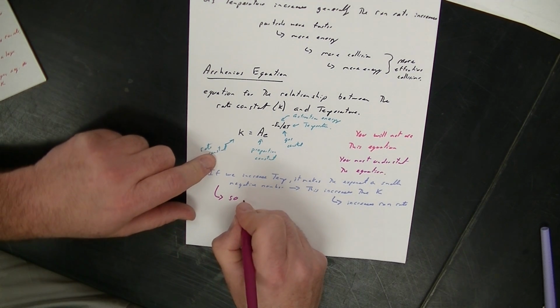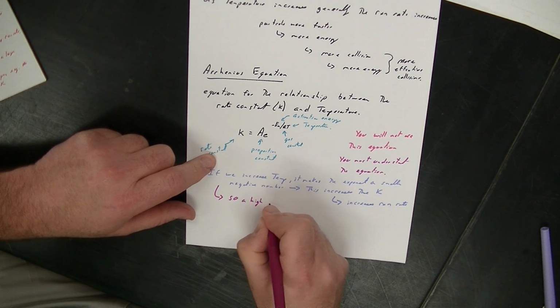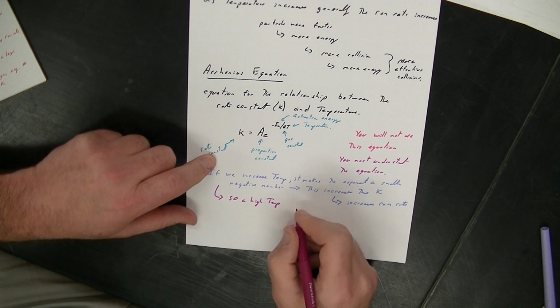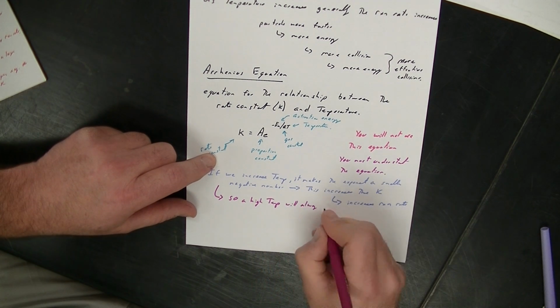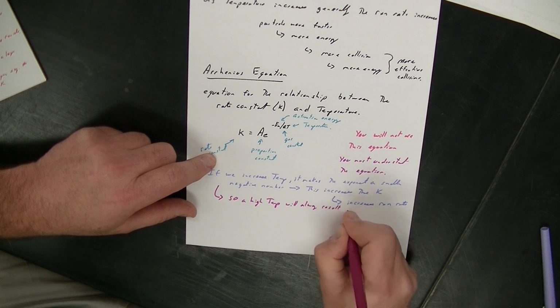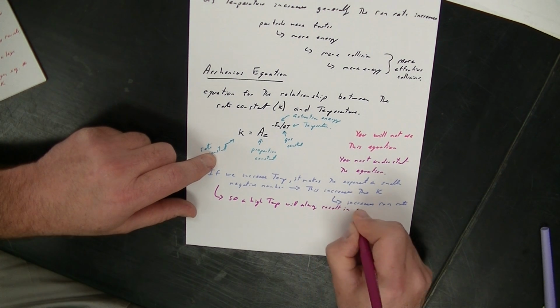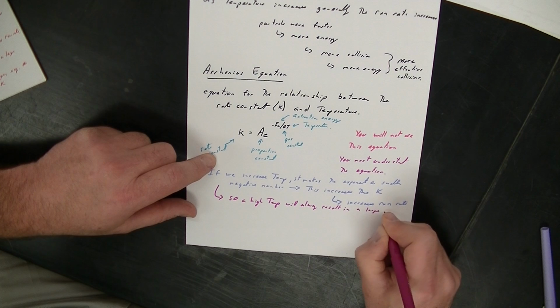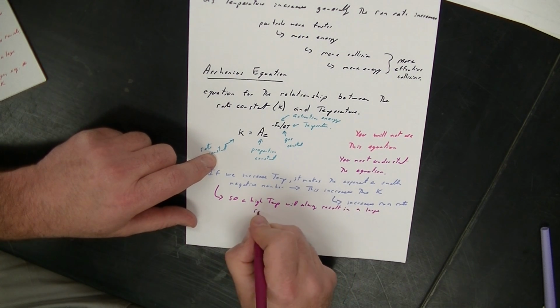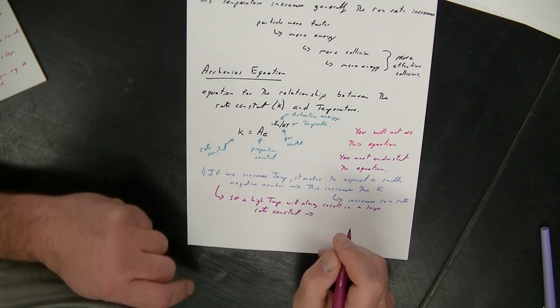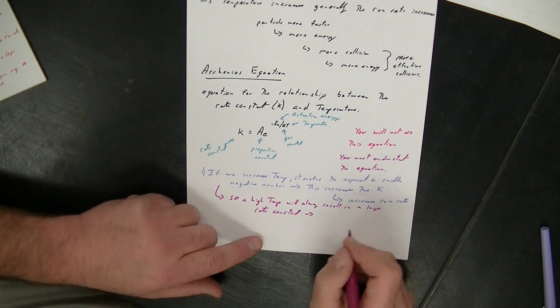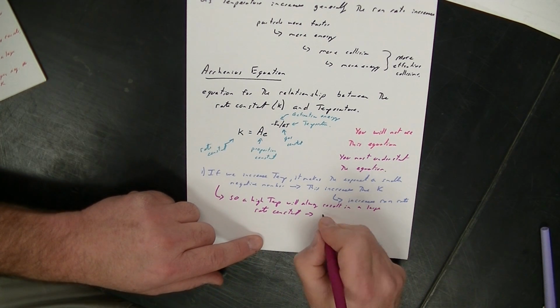So a high temperature will always result in a large rate constant, which gives us a faster rate.